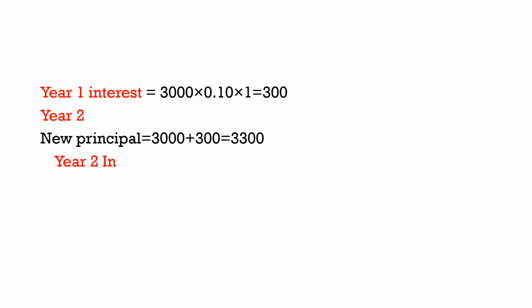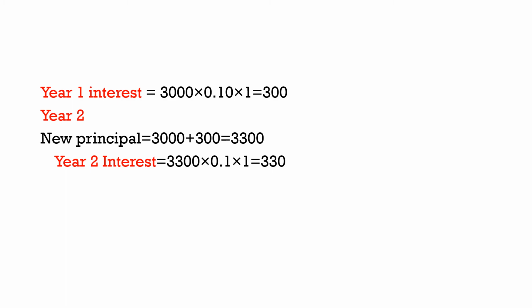If you have a long-term loan that you're not paying off soon, in the second year the new principal will be 3,000 plus the interest from last year, which gives 3,300. They will charge you interest on 3,300, which makes it different from simple interest.